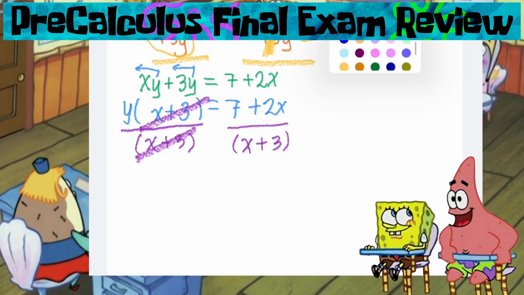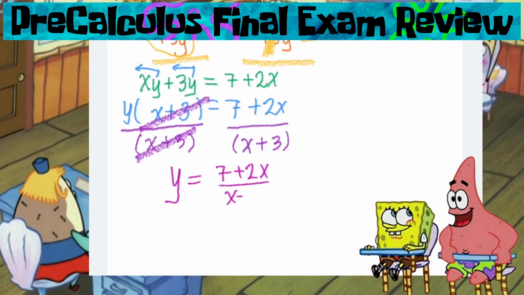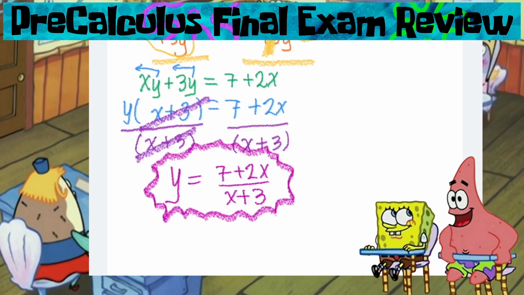So, final answer is, okay, y equals 7 plus 2x over x plus 3, right there. Done. Hopefully I didn't make any careless sign errors anywhere. I don't think I did. So that would be right.